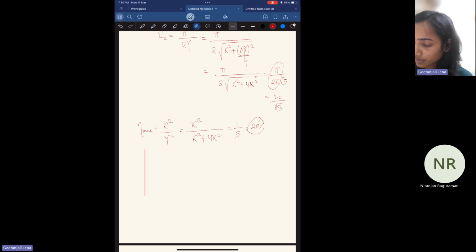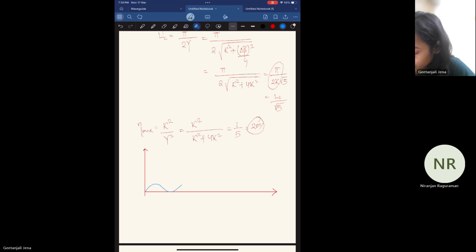So the graph will be like this. This is for port 2 only.